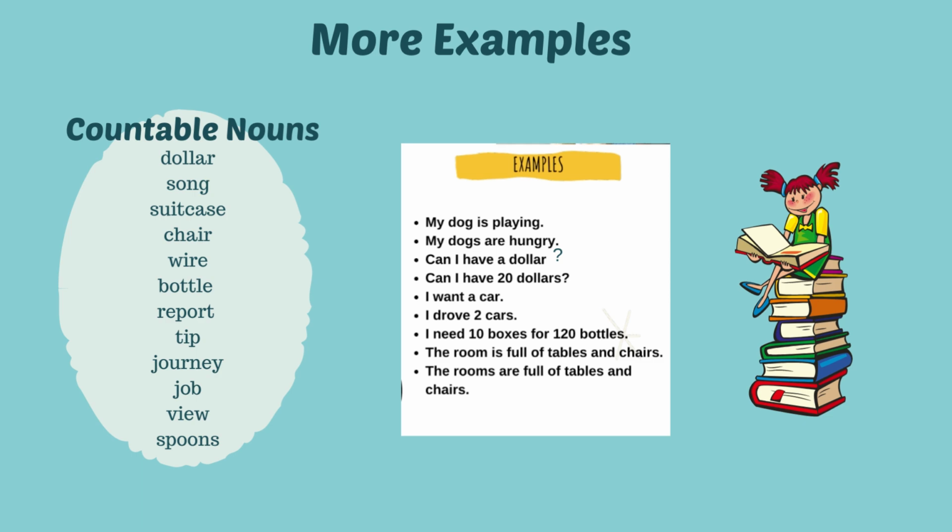There are many wires in the house. Bottle. Can you bring me 3 bottles of soda? Report. 5 reports. Tip. She gave him 2 tips before he left on his journey. Journey. He went on 3 journeys this year. Job. He has 2 jobs.